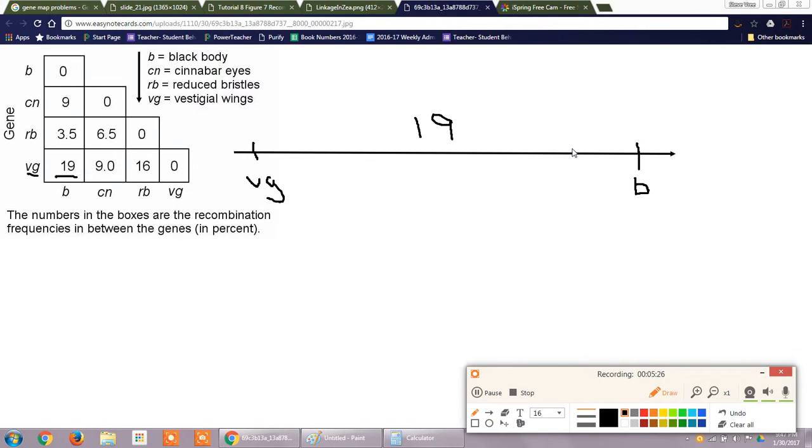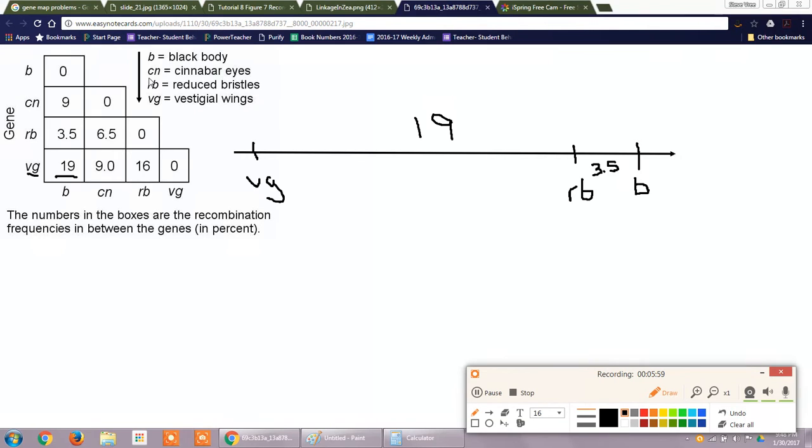And so that brings up a good point in that these aren't going to always be exactly accurate. And it's complicated, but there's crossing over and different ways that these things happen. It doesn't always turn out exactly perfect. So I'm going to go ahead and make a notation that RB, since it was 16 away from VG and 3.5 here, and that one's probably the most accurate, so I'm going to make a note that that's 3.5.